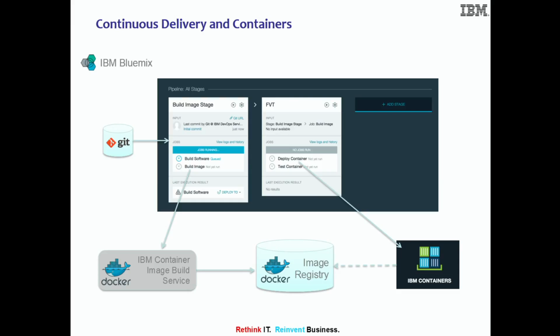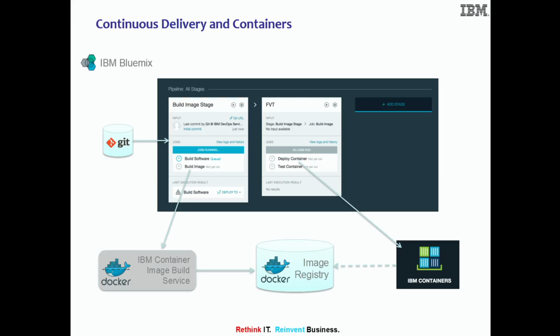So typically with Docker containers, it's enough if you just push your new code to a Git repository. Then this delivery pipeline automatically detects there is a new code in the Git repository, builds a new Docker image, stores the Docker image in a registry.